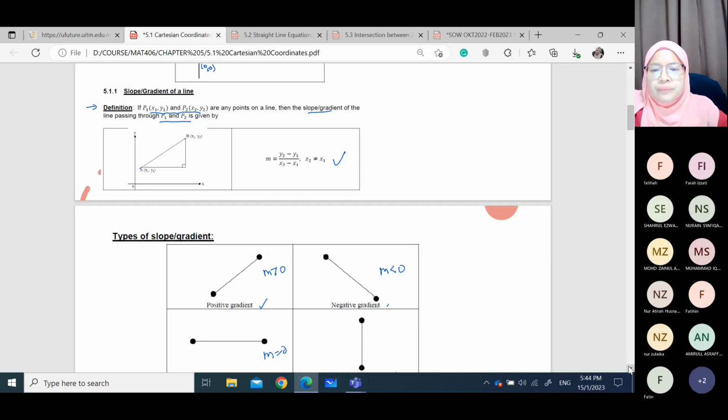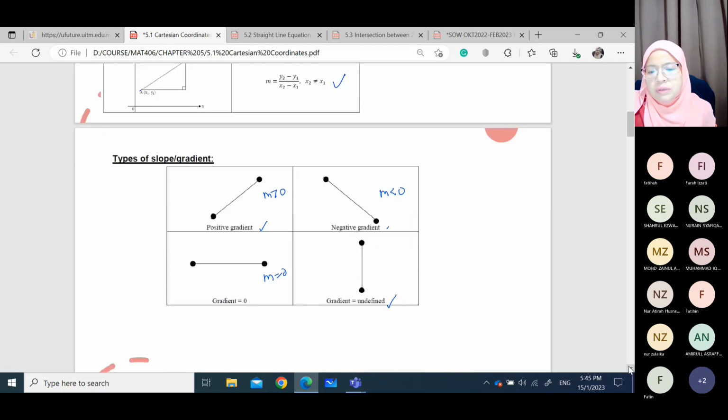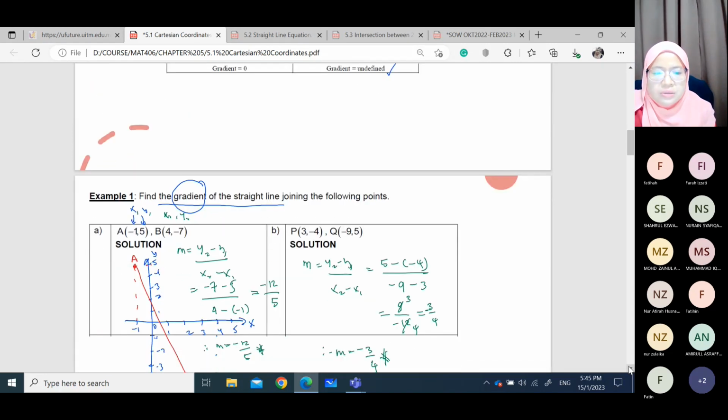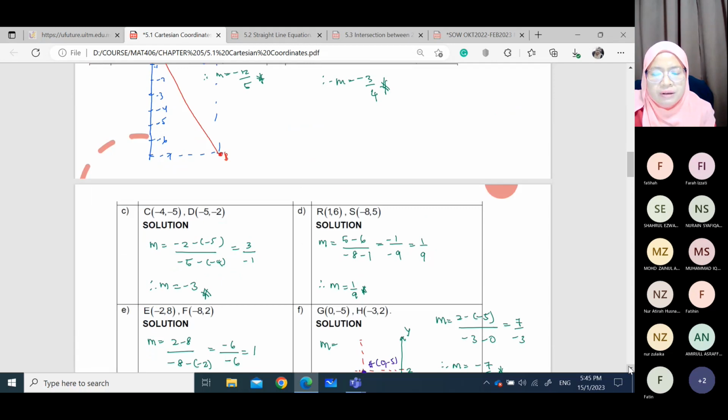So the formula for slope is m, small m, equivalent with y2 minus y1 over x2 minus x1, where x2 and x1 are not equal. Tak sama. Okay, kalau sama tak boleh. So ini adalah formula bagi slope. So for slope, we have a positive slope, negative slope, slope equal to 0, and undefined slope.